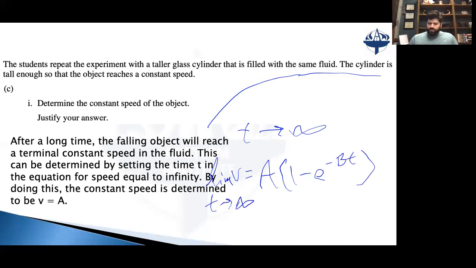As t approaches infinity, this right here is getting really, really big, but that's in the denominator of a fraction. So that means that this whole piece is approaching 0. So that means that our velocity, or our constant speed here, is approaching a. You can justify this by just having the words that I had on the left, or you can justify it by using that limit and explaining that limit analytically on the right.